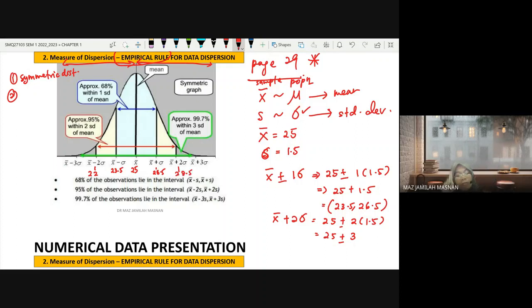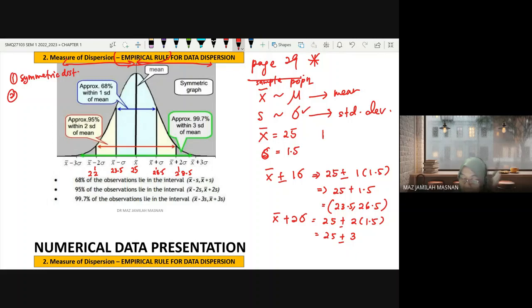Now, what do we mean by one standard deviation, two standard deviation, three standard deviation? Class, if you are talking about your data within one standard deviation, approximately 68% of your data will be within one standard deviation.